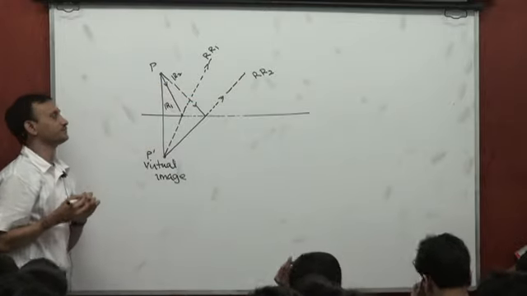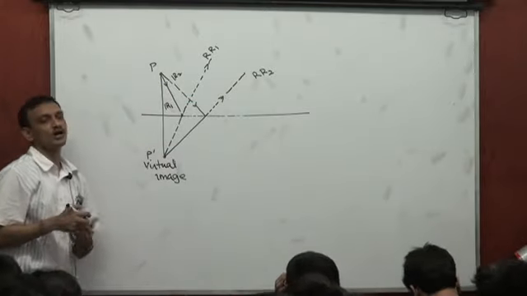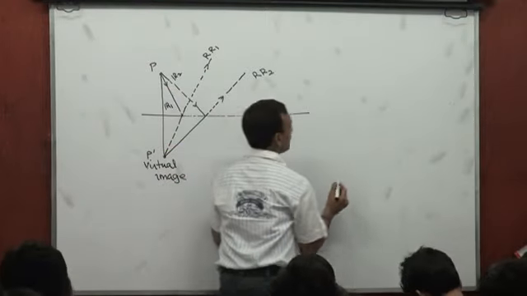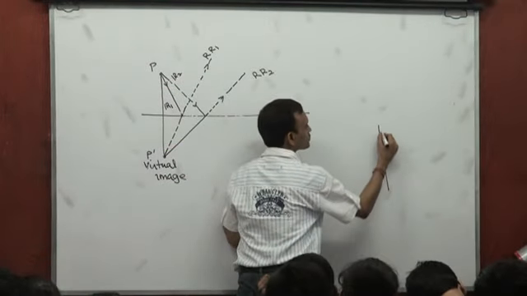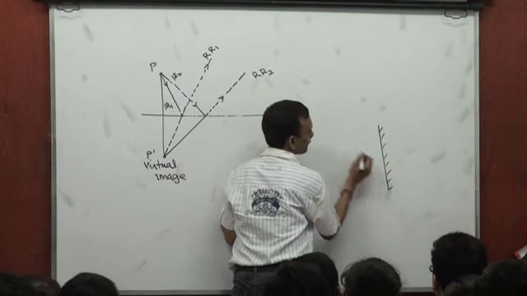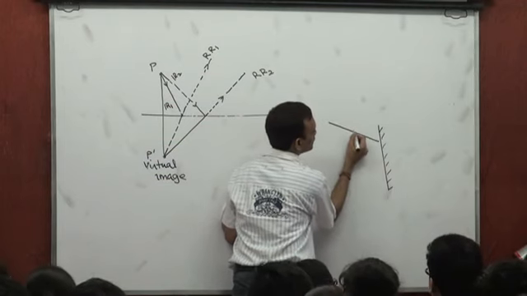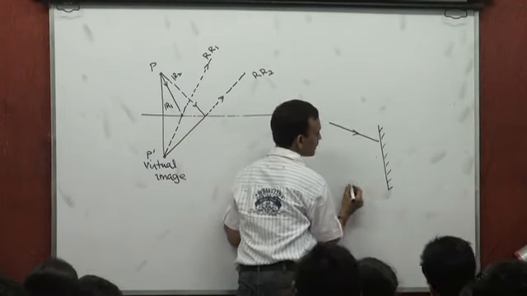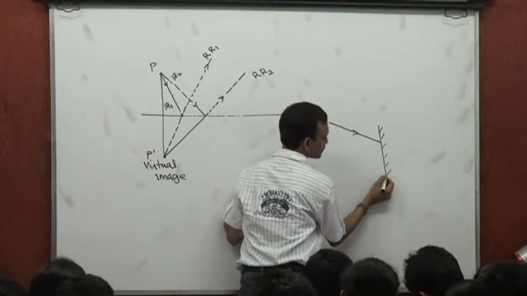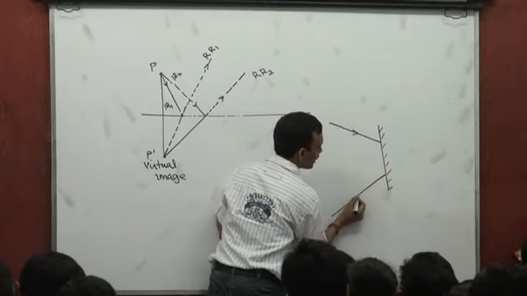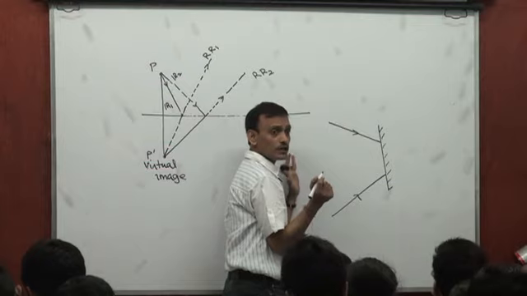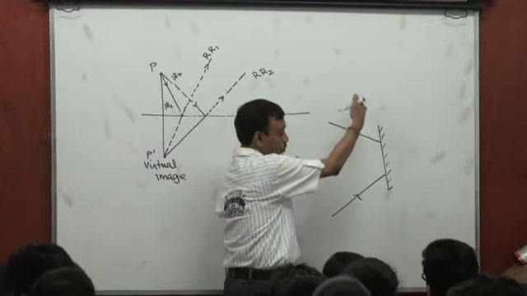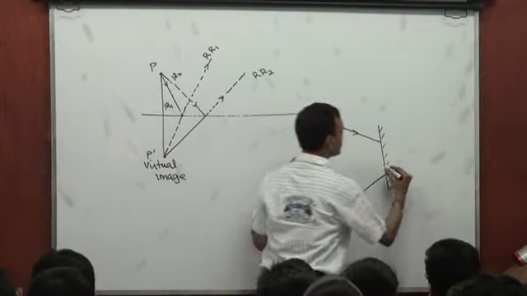In contrast, suppose this was the plane mirror. And there was a beam that was incident like this. There was a converging beam coming from somewhere, incident on a plane mirror.